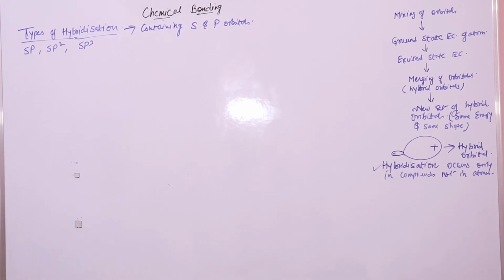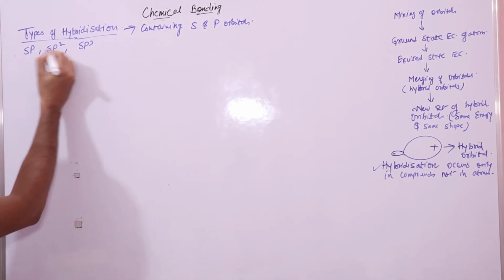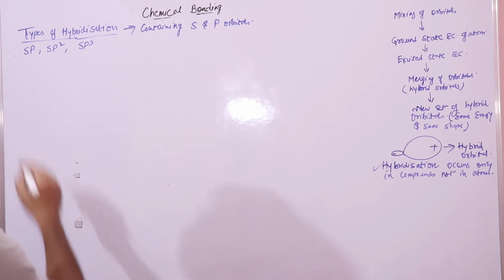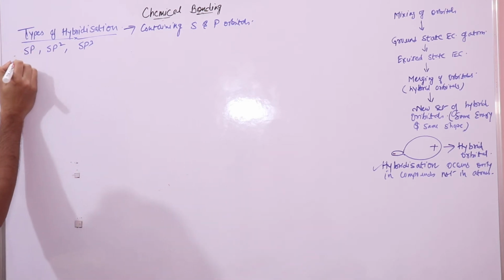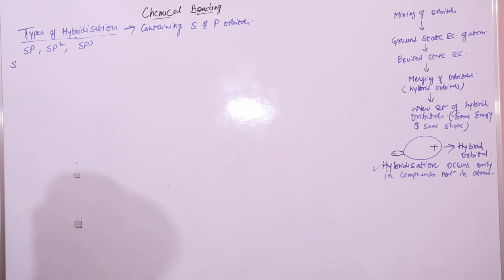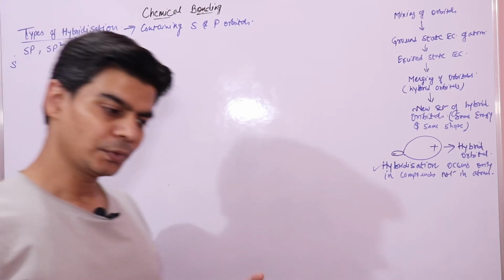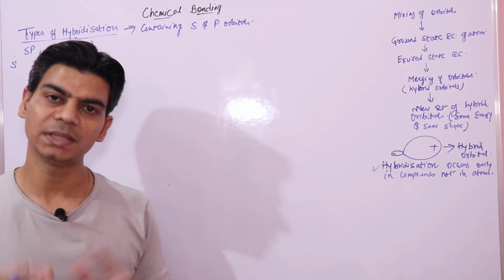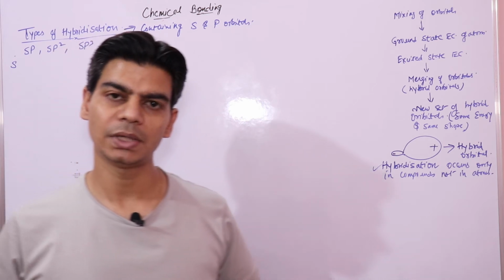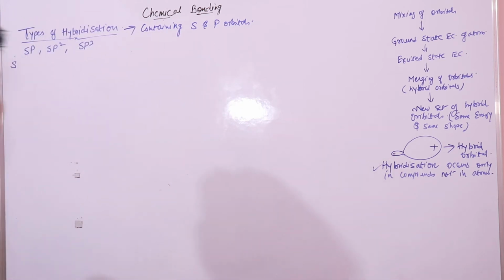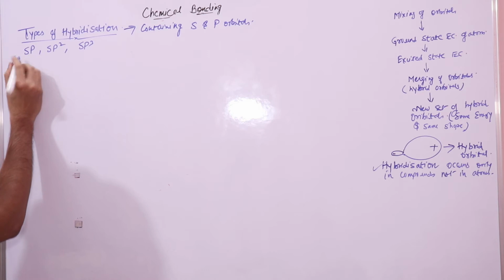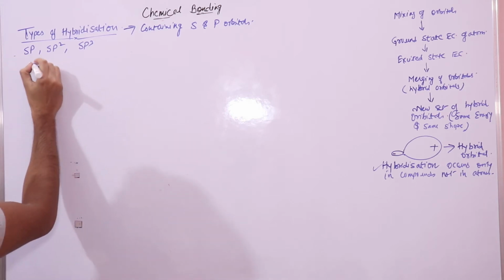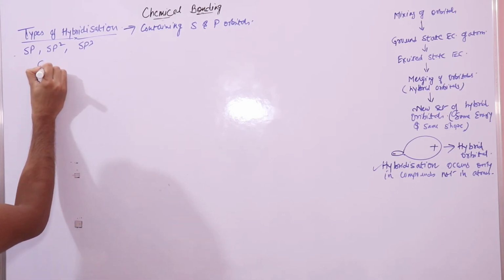These are important points of hybridization. Now let's just quickly see sp, sp2 and sp3 hybridization, right? sp hybridization is when the s and p orbitals of the same shell will mix and merge and redistribute their energy to form a set of new orbitals known as sp orbitals, right?